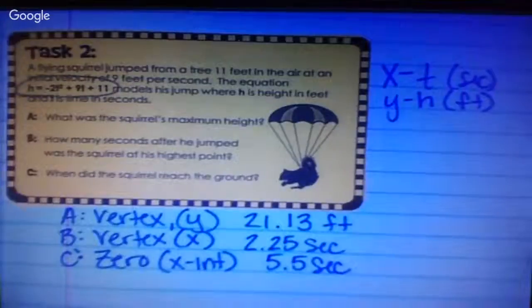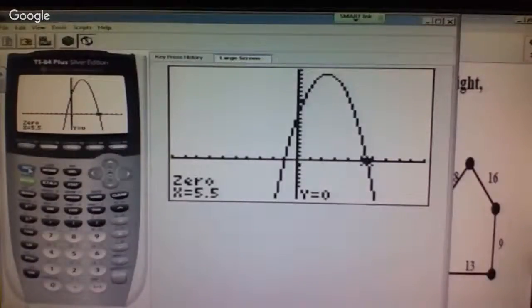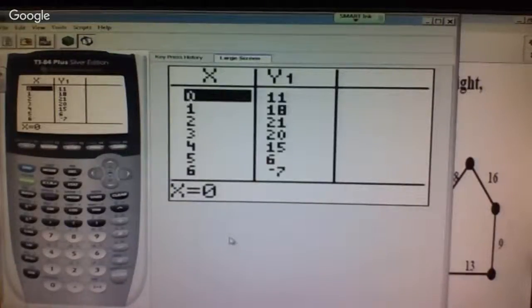Go back to my table for a second. Lolly asked, what in the world does it mean when X is 0? That means 0 seconds. So this tells you where your squirrel started: already 11 feet in the air.